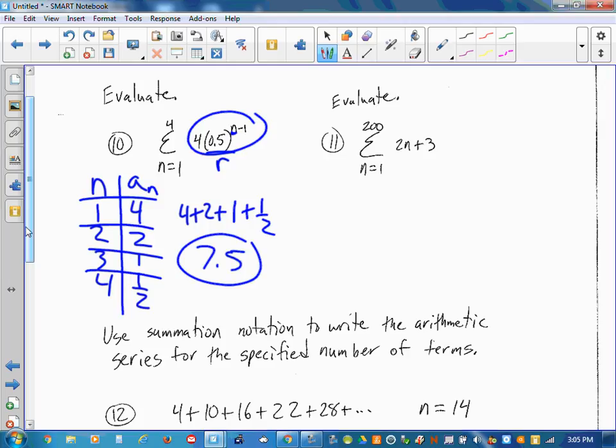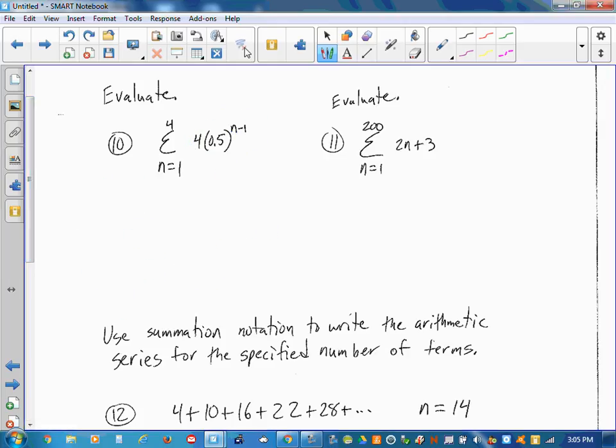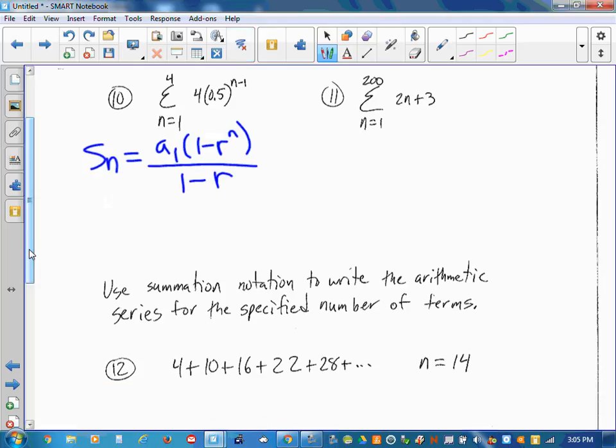Okay, now the formula actually works with this. The formula would probably be the harder way to do it. The formula is Sn is equal to a1 times 1 minus r to the n power, over 1 minus r. So this is for a finite geometric series. So we have the first term. Well, I know the first term is 1.